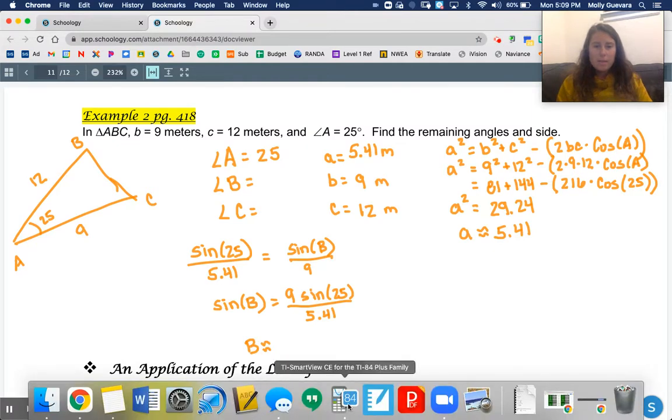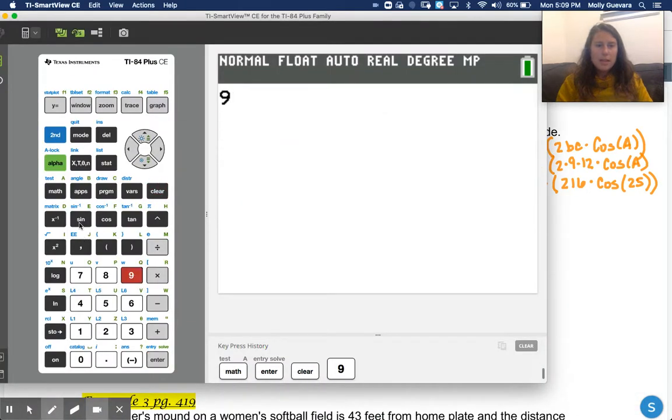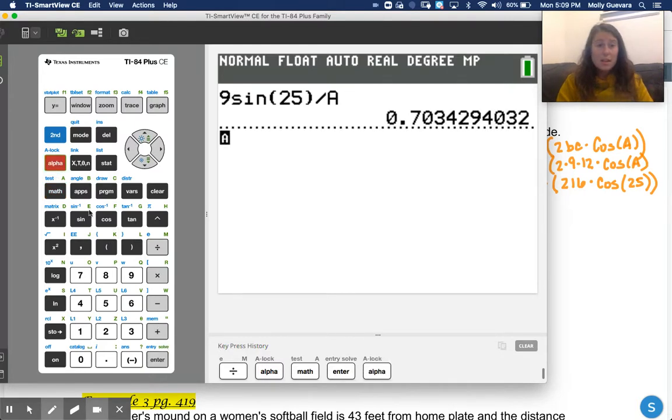Okay, so let's clear this. I have 9 times sine of 25 divided by, now instead of doing 5.41, I'm going to use the exact value, which I saved under A. And then I'm going to take the sine inverse of that. Oops, I hit alpha. The sine inverse, there we go.